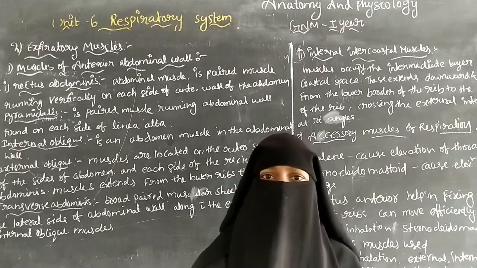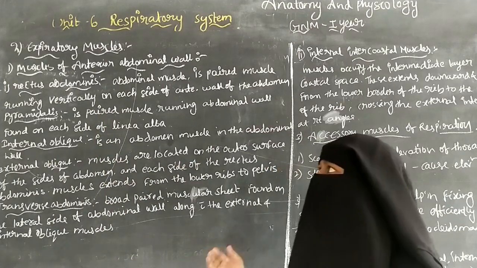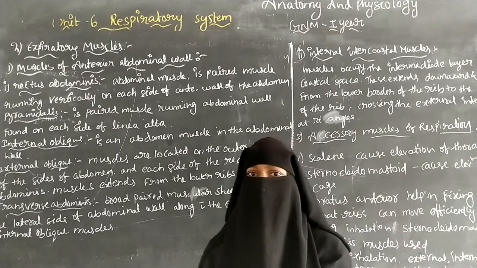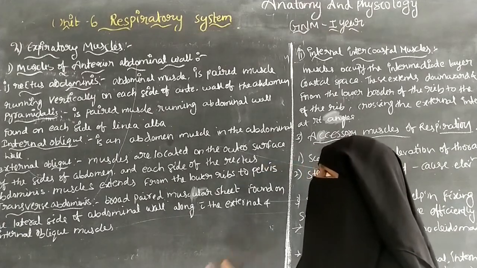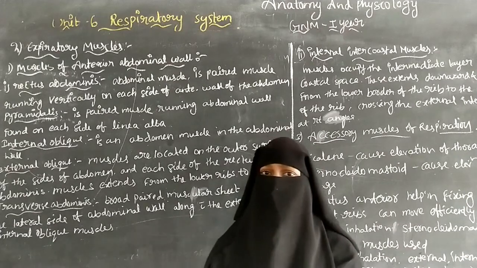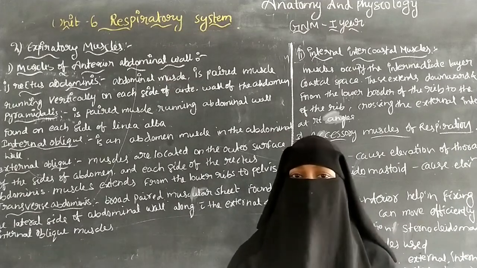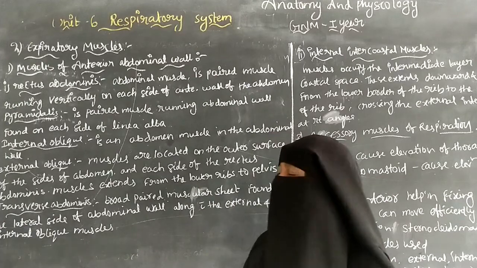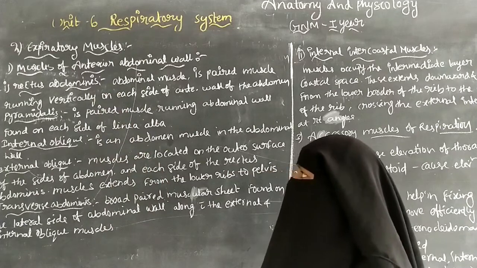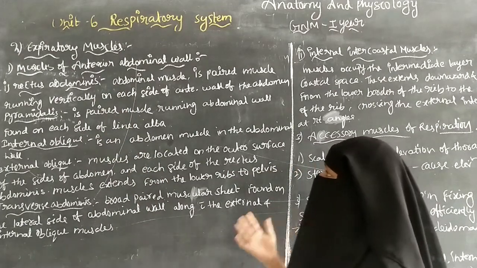This is part 2 about the muscles which are involved in the respiratory system. Last class we saw the inspiratory muscles, which include the diaphragmatic muscles and the external intercostal muscles. Today we are going to discuss the expiratory muscles.